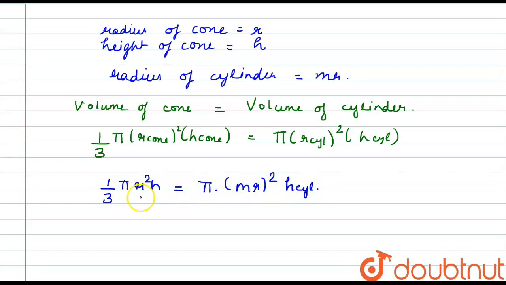Okay, so from here pi gets cancelled out, r square also gets cancelled out, so the remaining value is h by 3 is equal to m square into h of cylinder. Okay, so from here we can find out that the value for h of cylinder is h by 3m square.